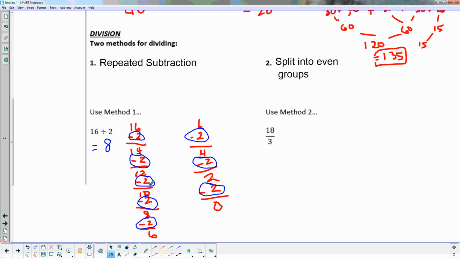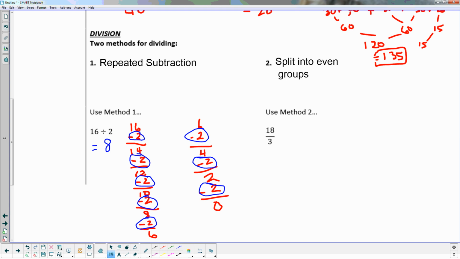Now there's a bunch of different ways to do that same problem. I know plenty of people that are just as successful with division thinking of it as the opposite of multiplication. They think I need to multiply 2 by something to get 16, and 2 times what would give me 16. I've found a lot more students are okay with that method, and that's okay. I'm just giving you another way that you can do it.